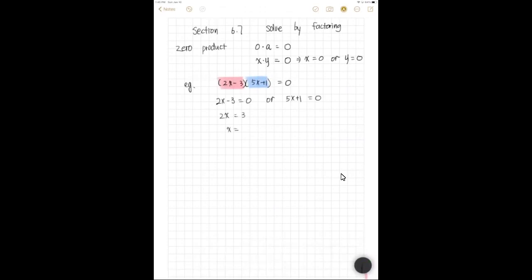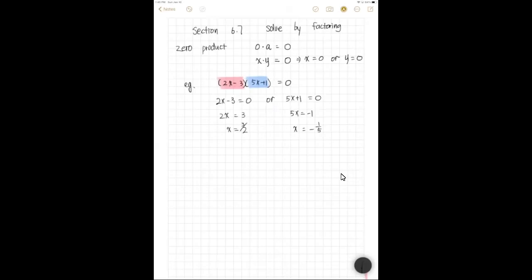We divide by 2 on both sides, x is equal to 3/2. And then we subtract 1 on both sides, we have 5x equal to negative 1, divide by 5 on both sides, we have x equals negative 1/5. So here will be the solution.